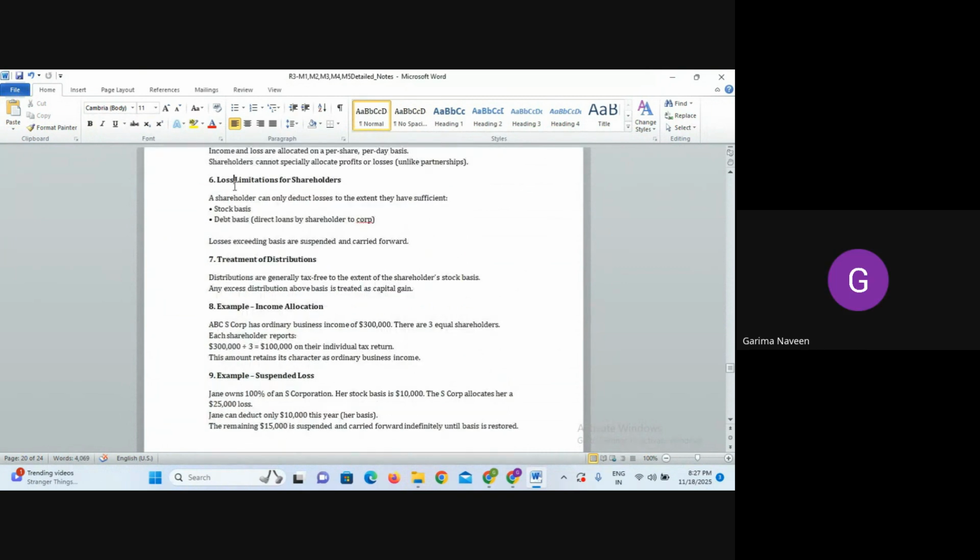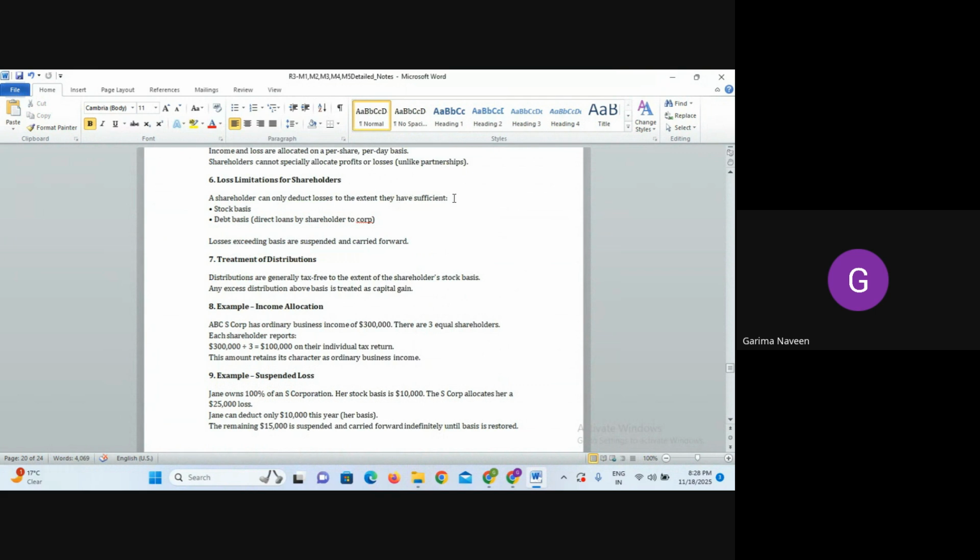Okay, next is loss limitation for shareholders. We already discussed that if you have any losses from your flow through entities, those losses will flow to your individual return. So can you deduct all the losses from your other income? The answer is no. You are subject to certain limitations called the loss limitations.